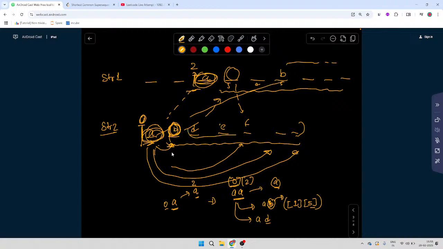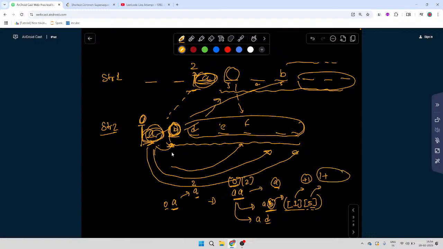Whatever we do in this region and in this region, that is beyond 5 and beyond 1 in those strings, and whatever we get as the answer. So let's say we had B here, so the length was increased with 1, right? So what will be returned to this guy will be 1 plus whatever we got at the later stages. And at the end we can just save the substring which was common.